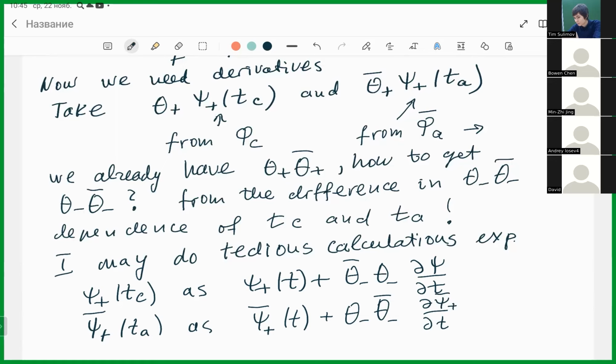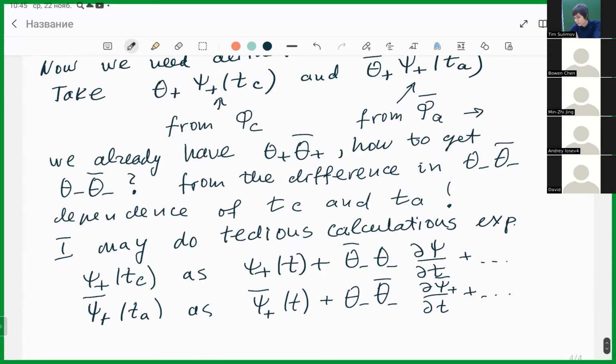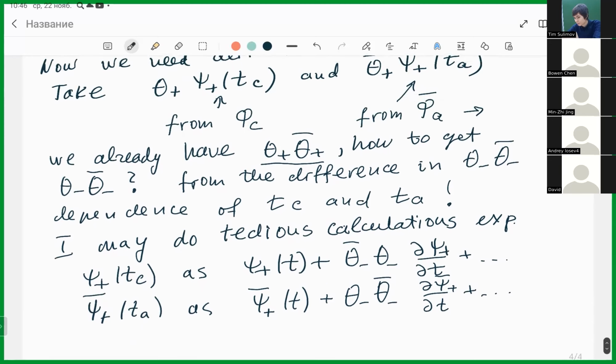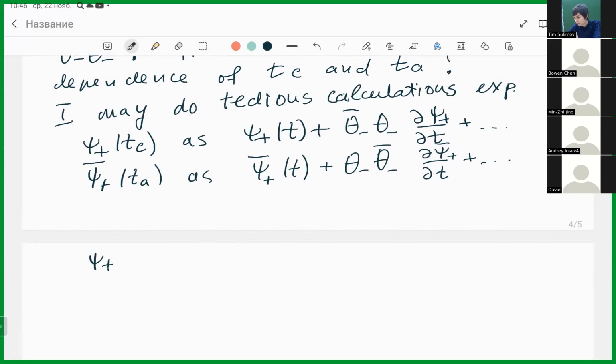And I do not need terms with theta plus and theta minus, they are omitted. I don't need them because I already have it. So I may combine all terms and get psi plus. I will get this, and I will get a similar term, but not the total derivative.